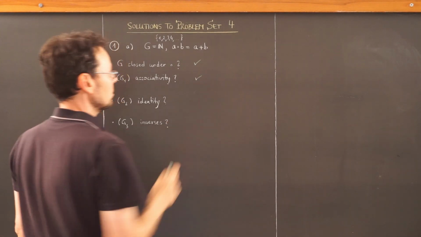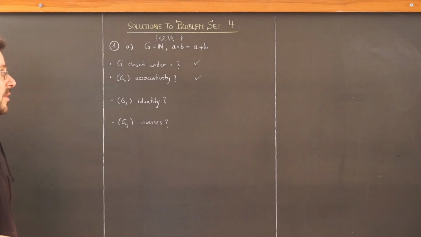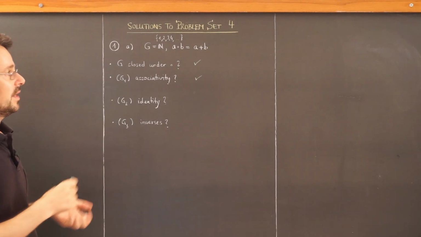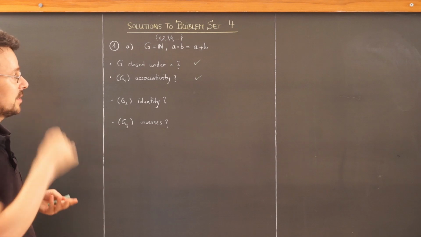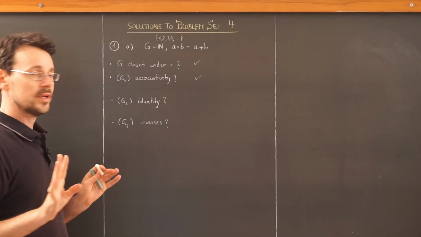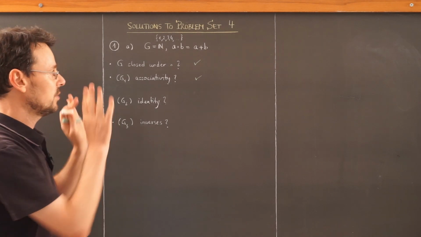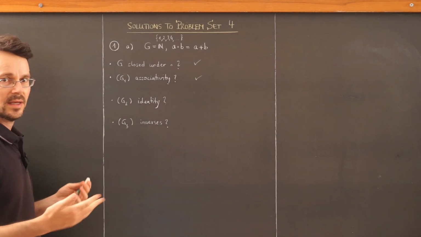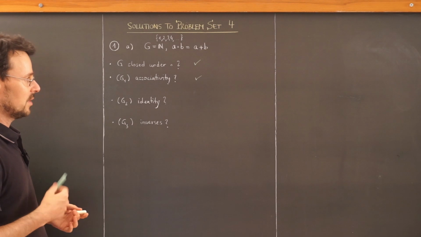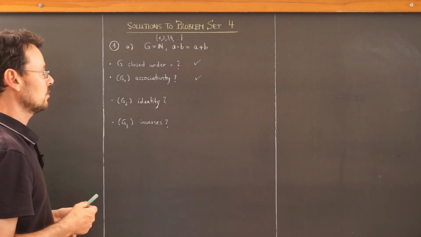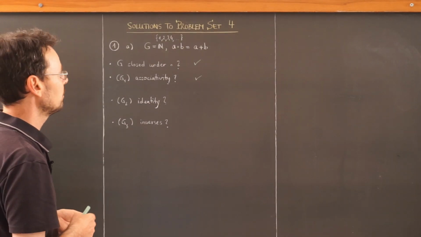Is this associative? Of course, we learned that in kindergarten, that adding natural numbers is associative. We are not touching upon the axiomatic construction of the natural numbers here. We simply take them as given and take as given that the rules we learned in high school are valid.